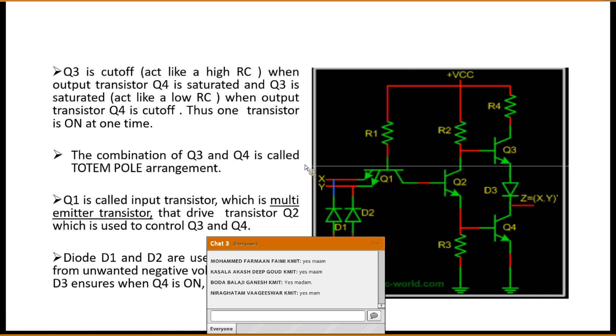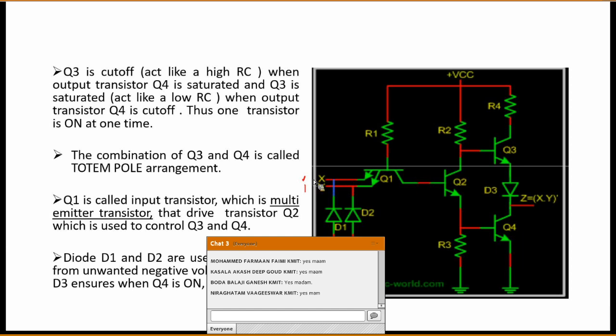See here, when inputs X and Y are taken as 1 and 1, that is, 5 volts. If both are given to the emitters of transistor Q1, and you can also see the base is given 5 volts.